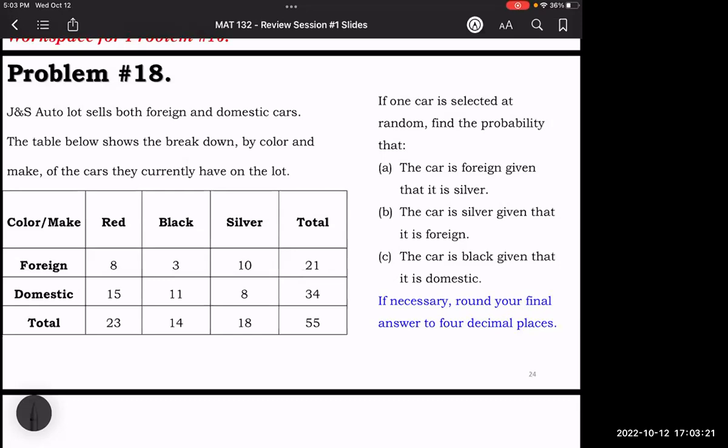Okay? So when I look at parts A, B, and C, what is the key word that you see there? There's a key word that tells us what probability formulas to use. What's the key word? The word given. The word given implies conditional probability.